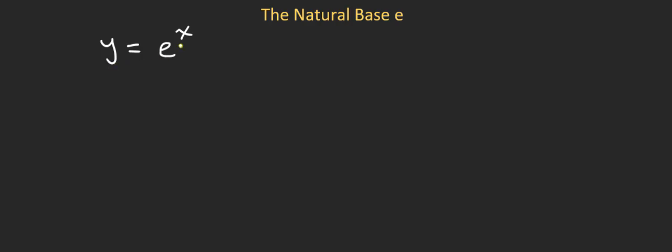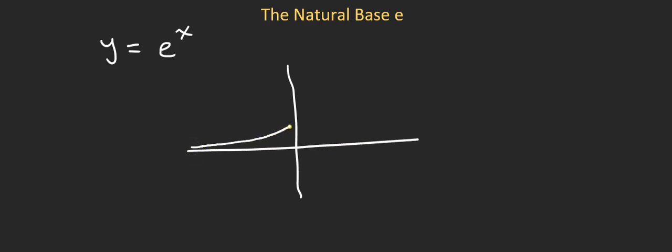How does the graph of y equals e to the x look like? Well, if you remember, this is an exponential function because the base is a real number, e. So it's going to look like a typical exponential function with the growth model. It's going to look something like that, where it's going to go through 0, 1.